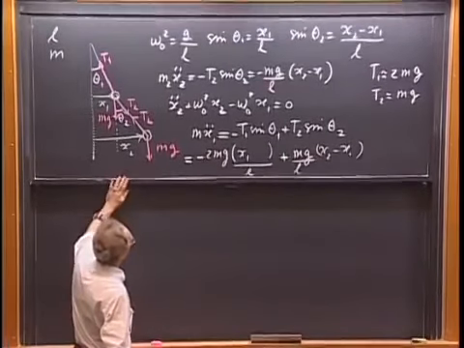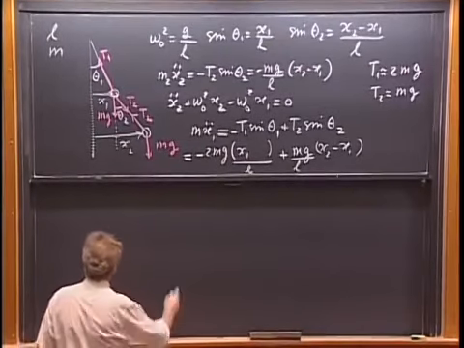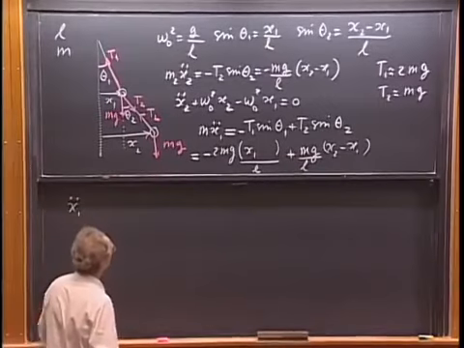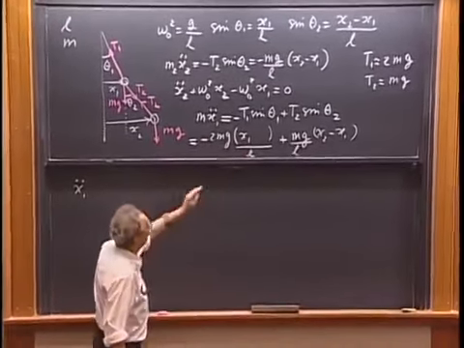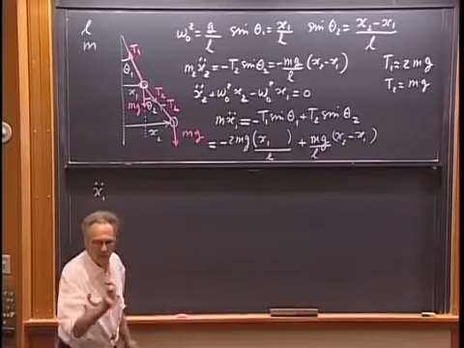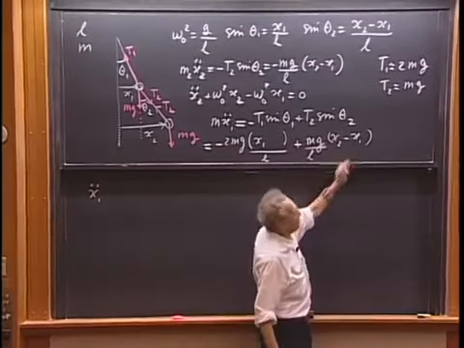And I'm going to divide by m, and I'm going to use my shorthand notation. And when I do that, I will come out here, x1 double dot. It's this one. Here the m goes, g over L becomes omega 0 squared. But now look closely. There is here a 2 times x1, and here there is a 1 times x1.